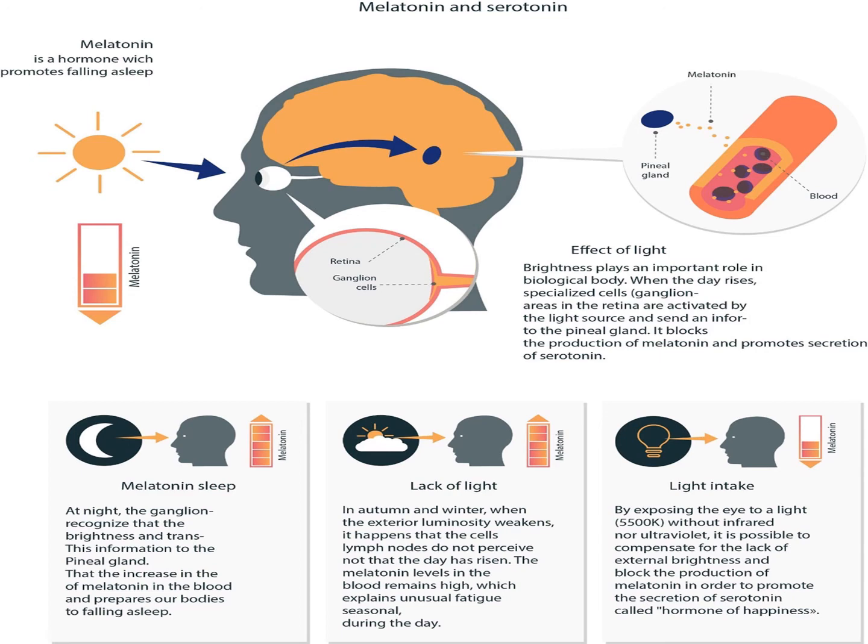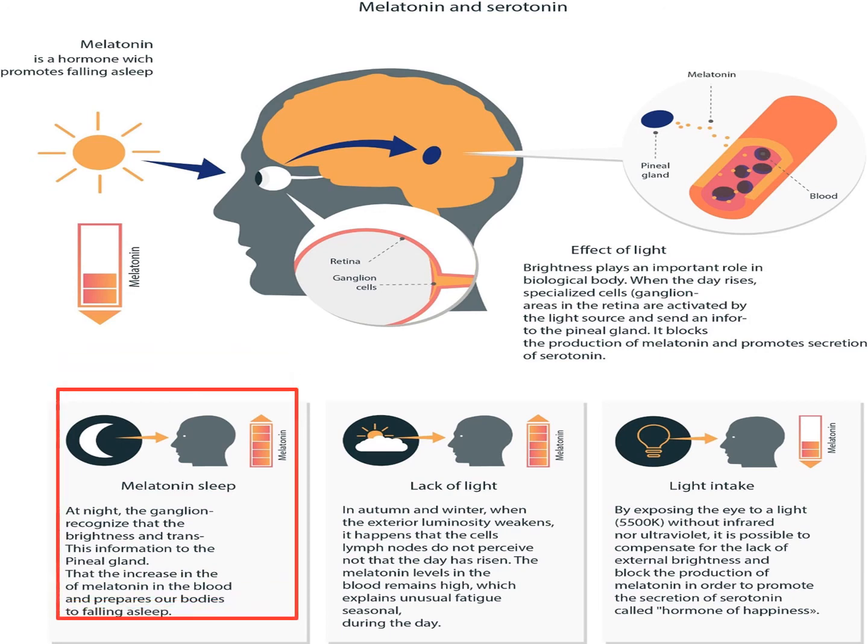When the day arises, specialized ganglion cells in the retina are activated by the light source and send information to the pineal gland. It blocks the production of melatonin and promotes the secretion of serotonin. This is the physiology of awakening.